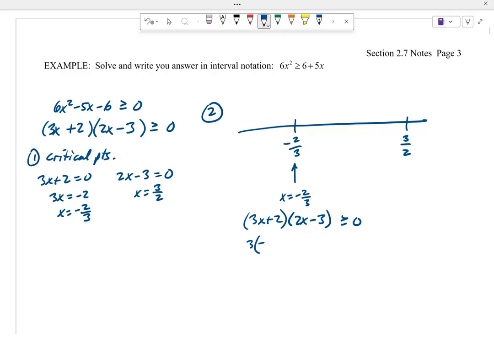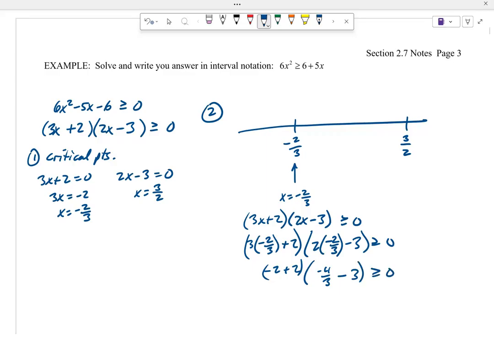Well, if I plug in negative 2/3, I get 3 times negative 2/3, which is negative 2, plus 2, and negative 4/3 minus 3. I get 0 times whatever, which is 0. Is 0 greater than or equal to 0? Yes, or equal to. So I'm going to include that negative 2/3.